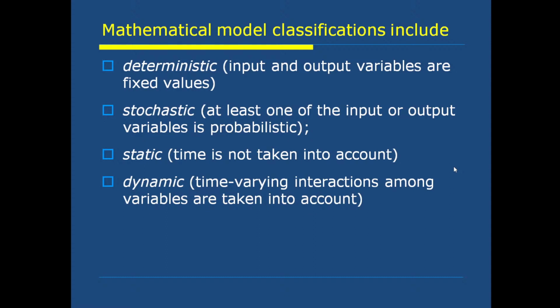Stochastic: at least one of the input or output variables is probabilistic. Static, don't confuse with statistics. Static: time is not taken into account. And dynamic models: in these models, time-varying interactions among variables are taken into account.